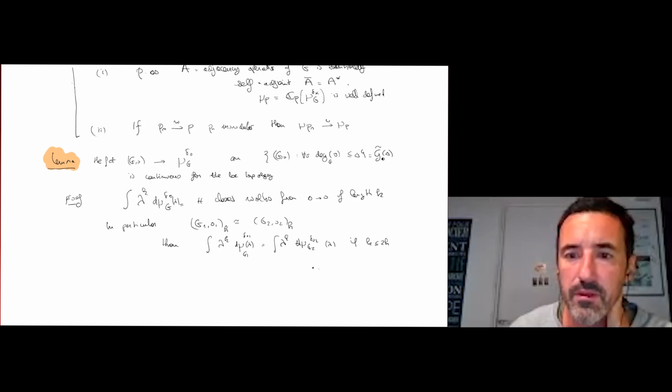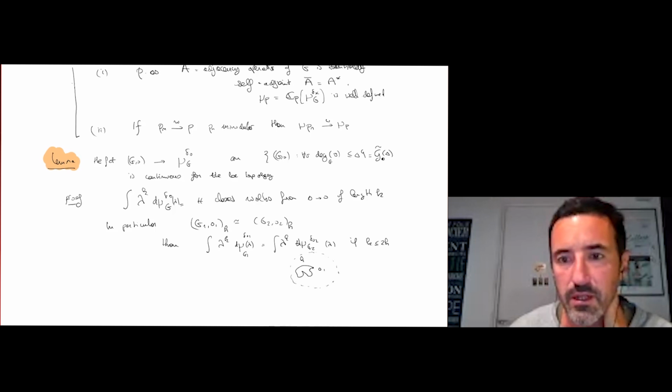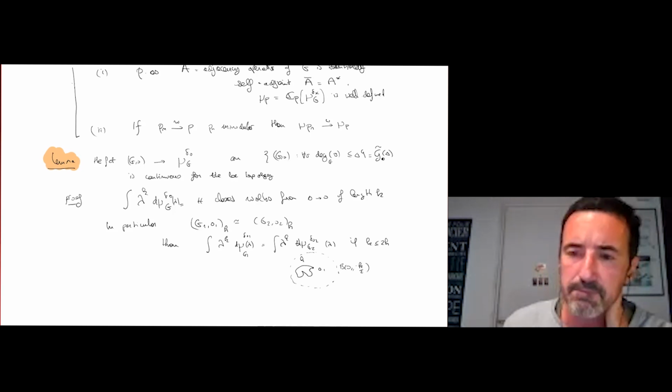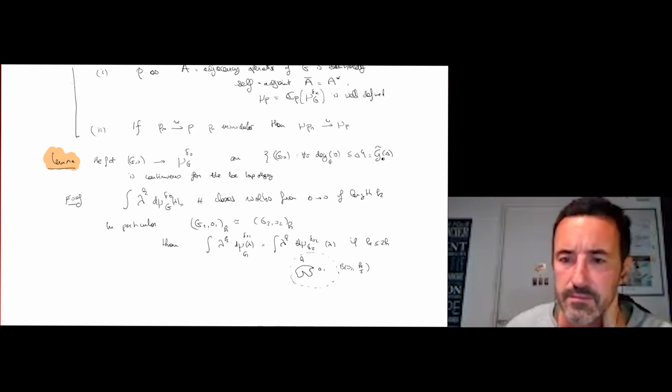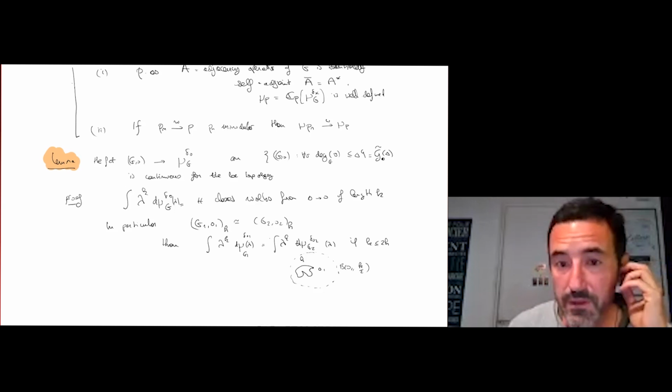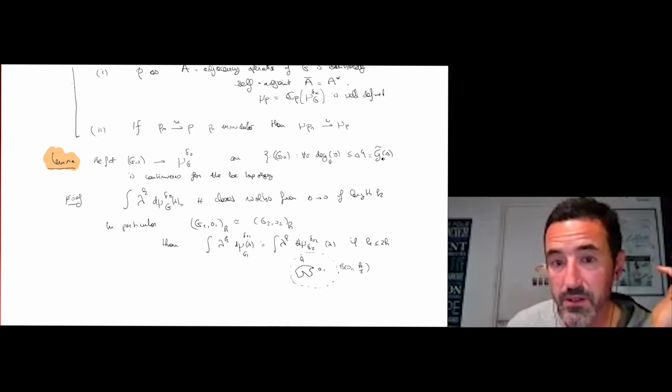Because if you look at a walk of length k in the graph, it has to remain inside the ball centered at O of radius k/2. Since it counts the number of walks, if two graphs are rooted isomorphic, the number of walks are just the same, so the moments are the same.